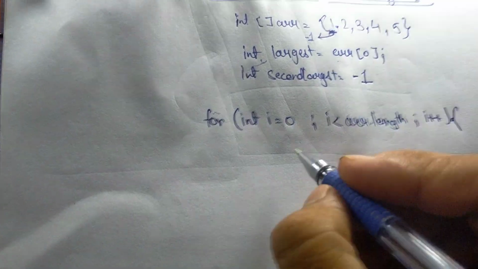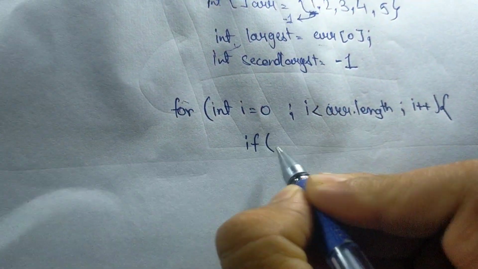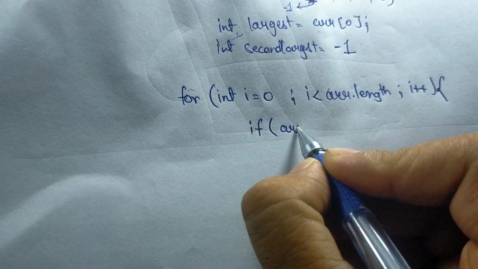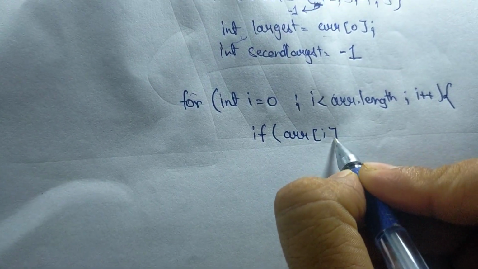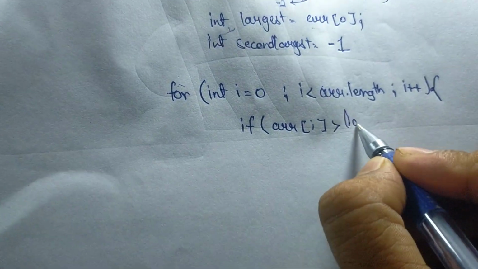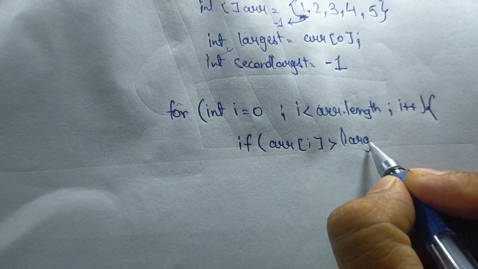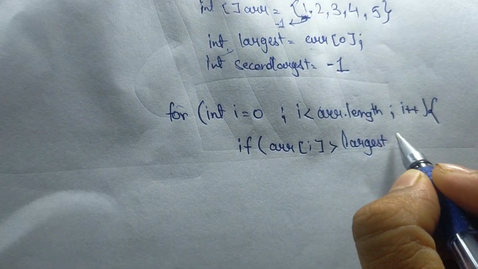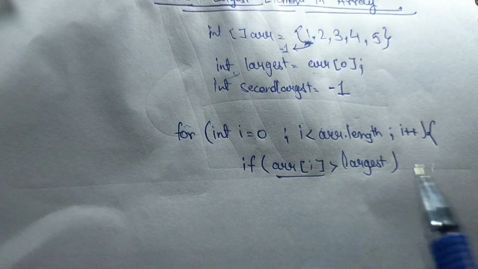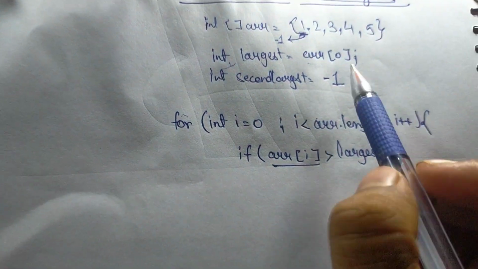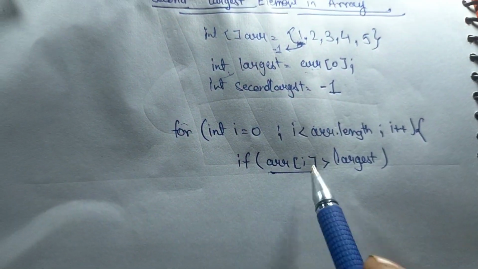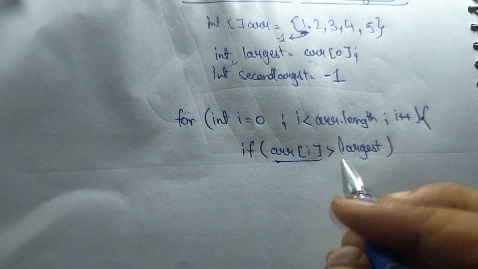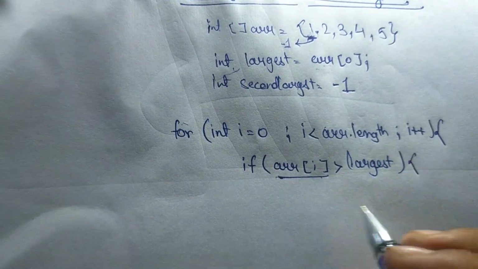After that we have a condition: if array of i is greater than largest, meaning if the array element at the index is greater than the largest value, say 1. If array of 1 is greater than 1, then what should happen?